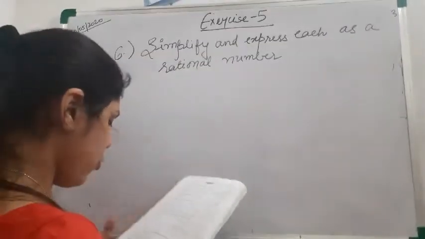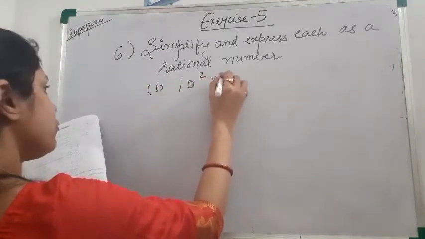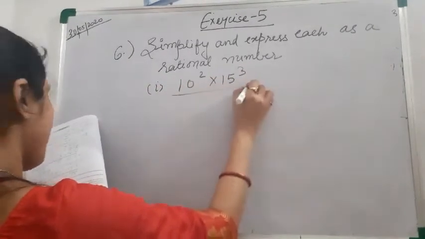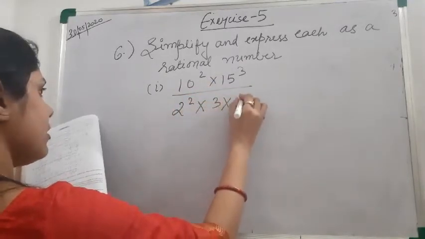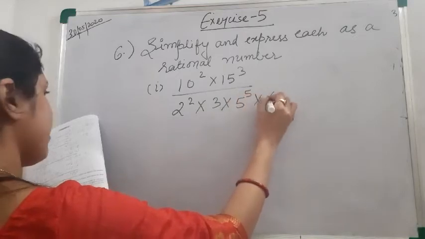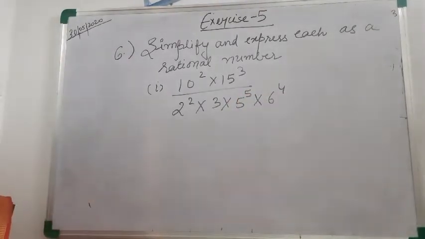So here, the first one I am doing is 10 to the power of 2 into 15 to the power of 3 upon 2 squared, 3, 5 to the power of 5, 6 to the power of 4. This you have to solve.